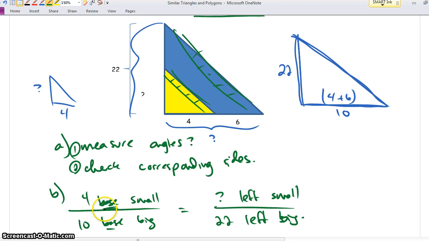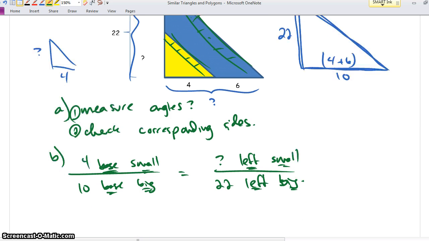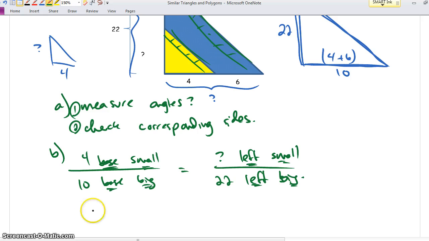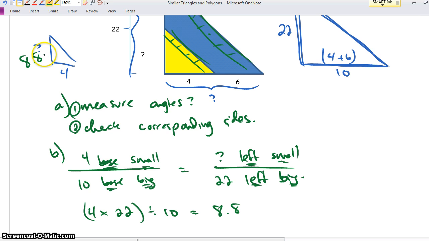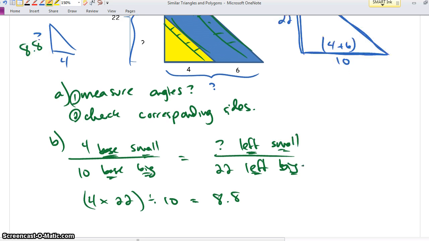So we got base over here, we've got left over here, we've got smalls on top, bigs on the bottom. That's how we set up a proportion. You might set it up differently, but you should end up doing this. 4 times 22 divided by 10 to get your solution, which is 8.8. So this side length is 8.8 units long.